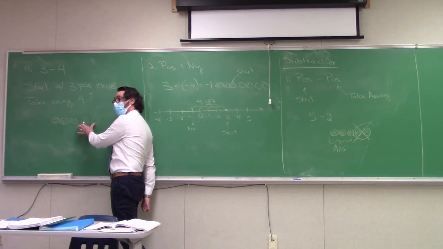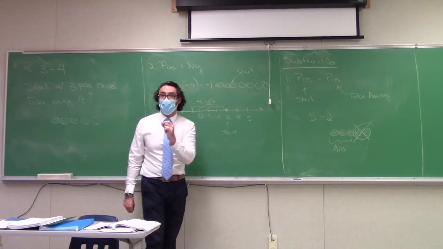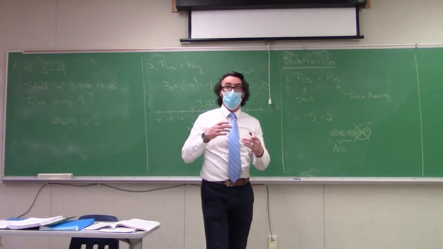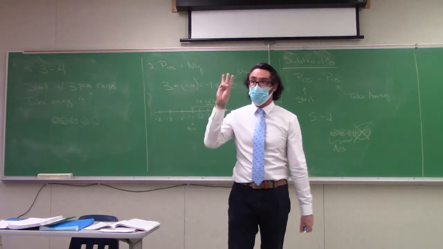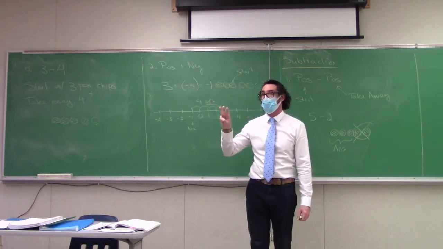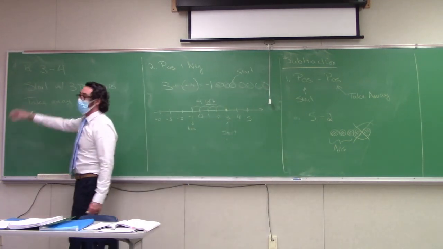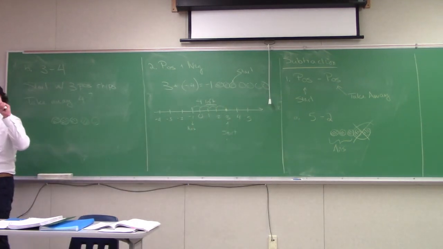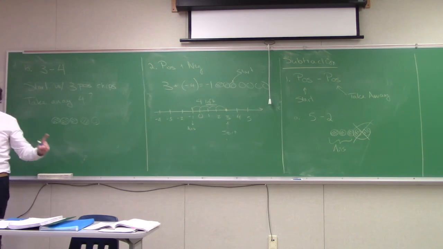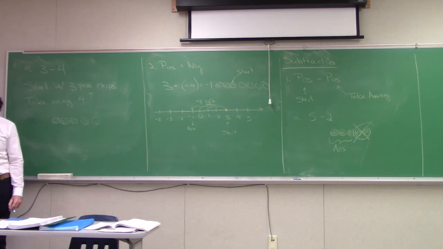Remember, if you have 1 positive and 1 negative, they cancel. So one way to represent 3 is with 3 positive chips. Another way to represent 3 is with 4 positives and 1 negative. So why does this help? Right, now we can take away 4 because there's an alternative way to represent the number 3.